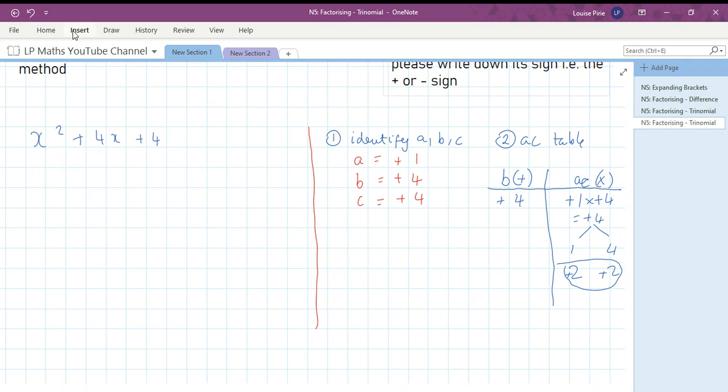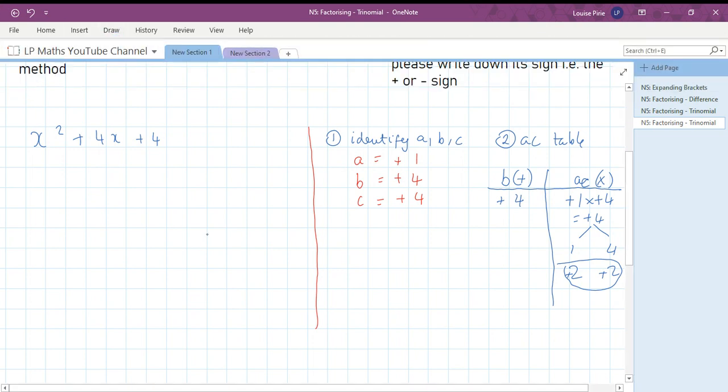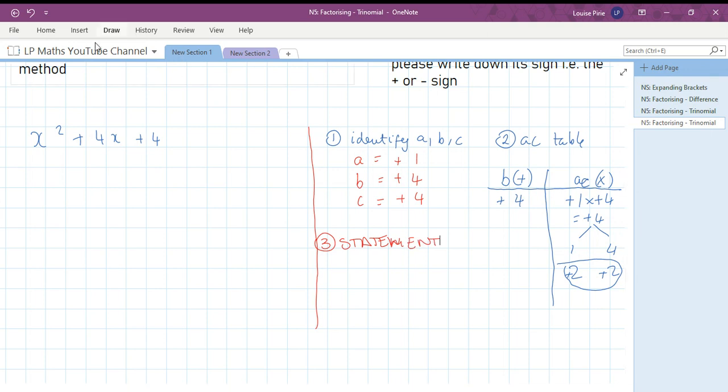Now, what we're going to do is a substitution. Now, this is a statement, and I would write this down because it links what we're doing here to the actual question. So I would write this statement in full.